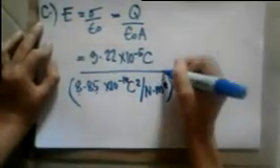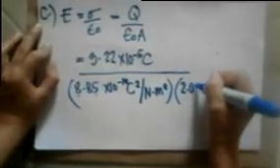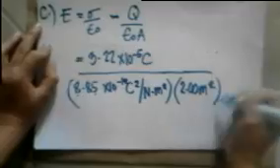We can use the formula E is equal to sigma over epsilon naught, which is equal to Q over epsilon naught A. Our Q, 3.22 times 10 to the negative 5 coulomb, over epsilon naught, which is 8.85 times 10 to the negative 12 C squared per N dot m squared, times our area, which is 2 meters squared.